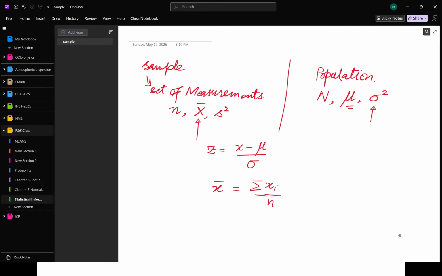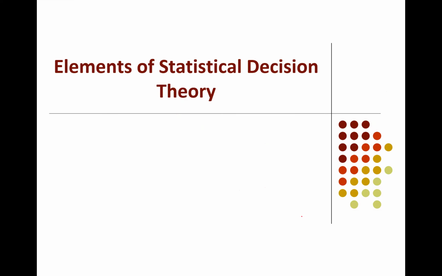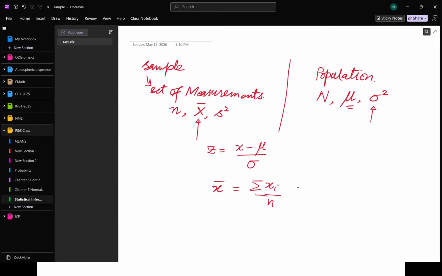In this case, the sigma value in x bar is related to the population by sigma over square root of n.